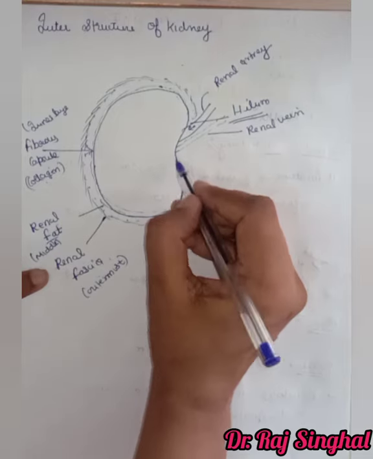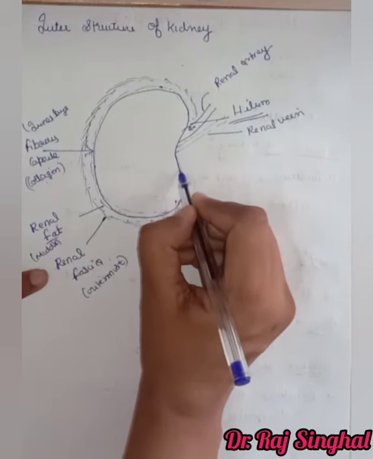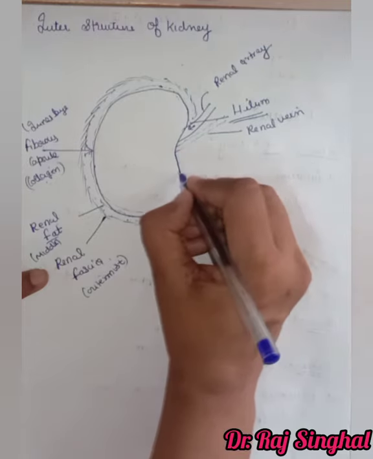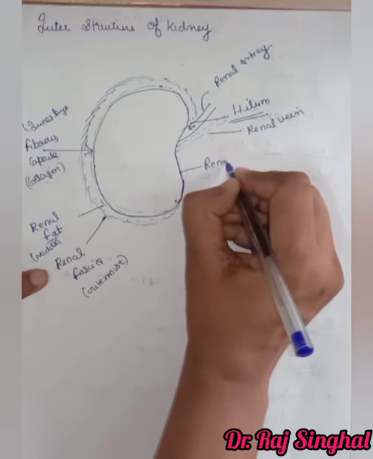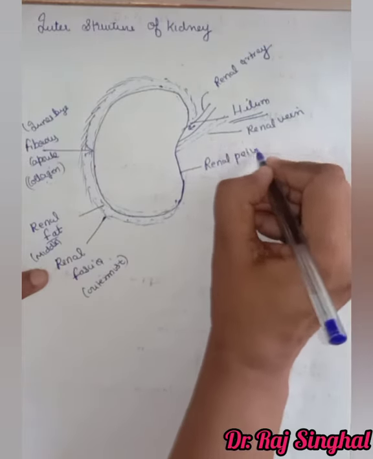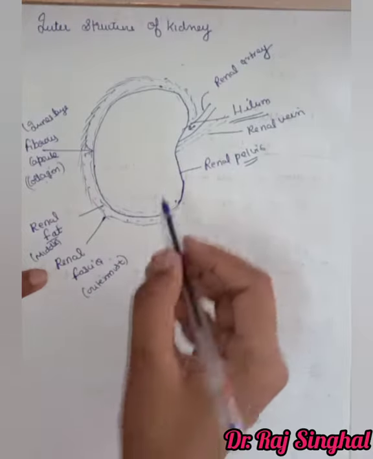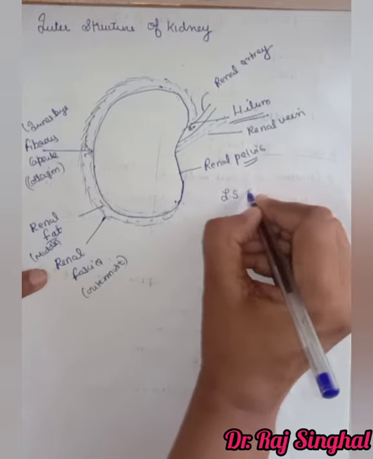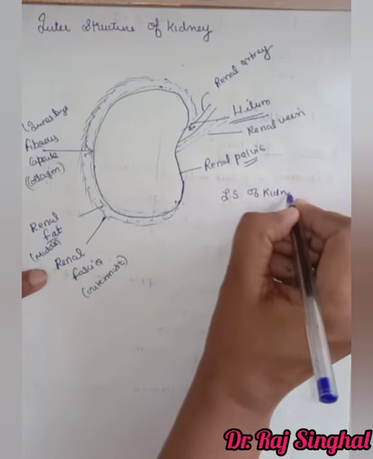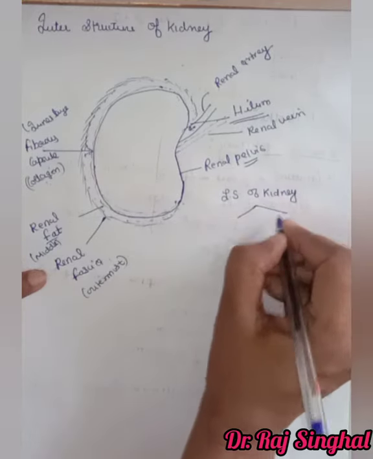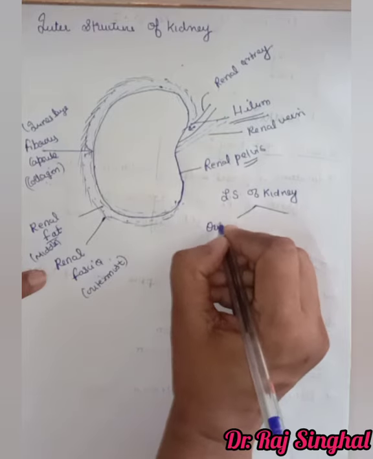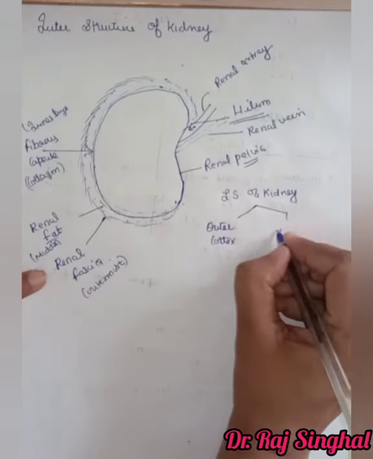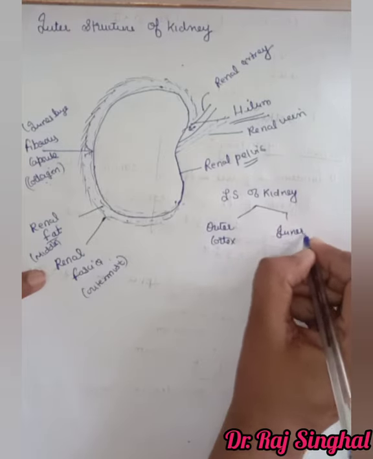And a broad opening is also found in the hilum which is known as renal pelvis. If we see the LS of the kidney, we see two different zones having outer cortex and inner medulla.